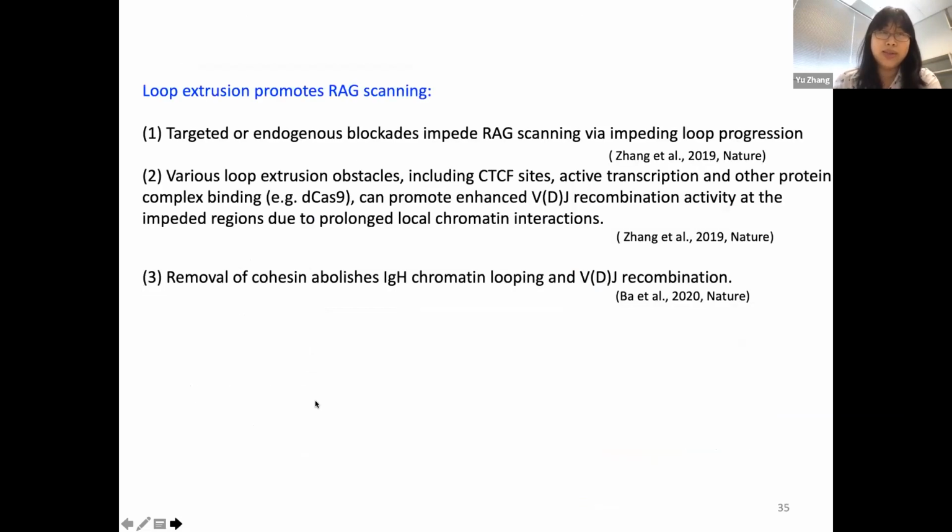So taken together, this evidence shows that loop extrusion indeed promotes RAG scanning, and both the targeted and endogenous blockades can impede RAG scanning via impeding loop progression.